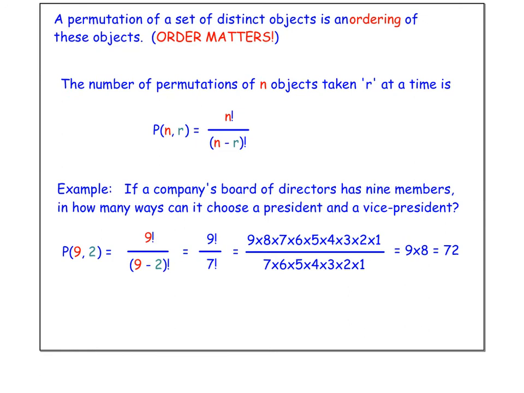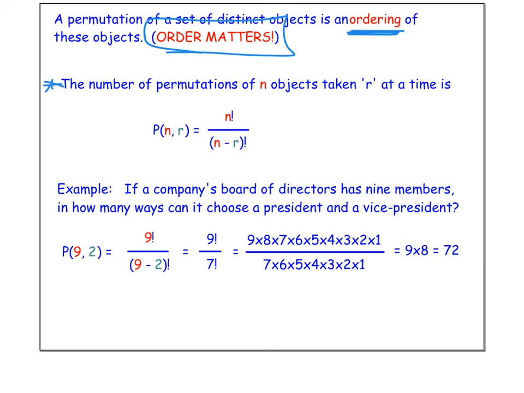So now that we know what factorial notation is, we could use that idea to apply it to permutations and combinations. So let's talk about what a permutation is. A permutation of a set of distinct objects is an ordering of those objects. An ordering. Which means that the order matters in how you arrange something or how you choose something from a pool of n objects.